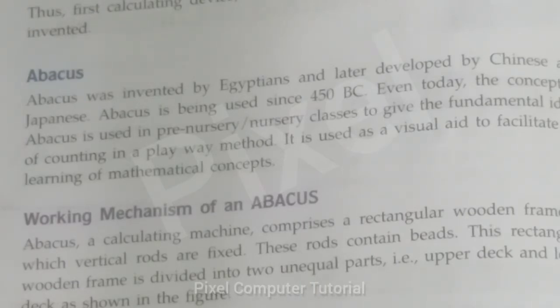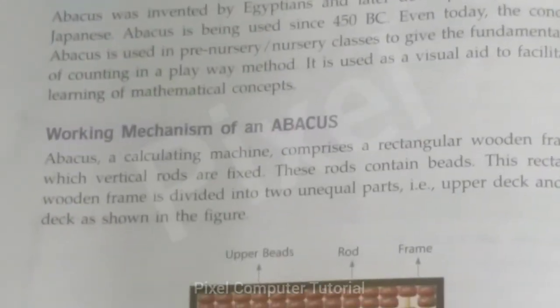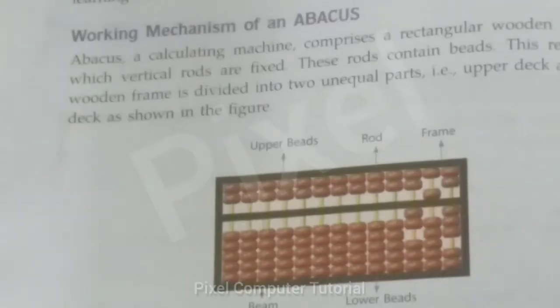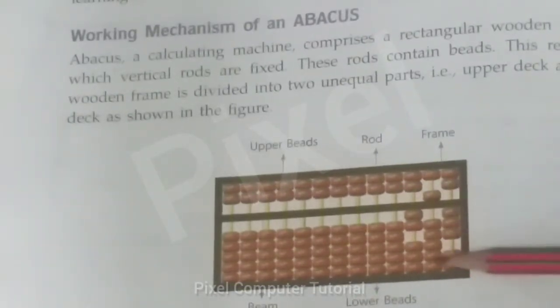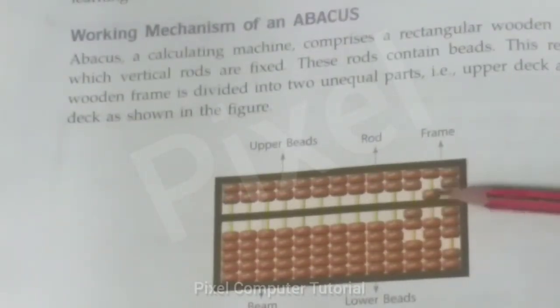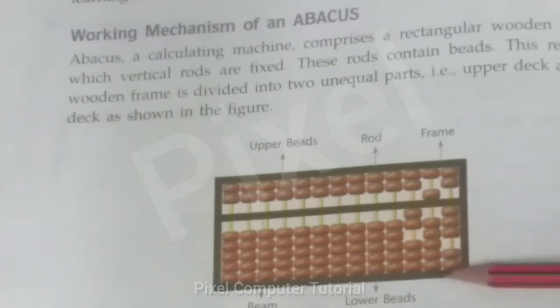Now let us look at the mechanism of abacus. Basically, the abacus is a calculating machine. First understand that it is a calculating machine, comprising a rectangular wooden frame on which vertical rods are fixed. These rods contain beads. When I'm talking about the beads, these are the beads, and this is the rod, and there are 2 beads on the top and 5 beads at the bottom.